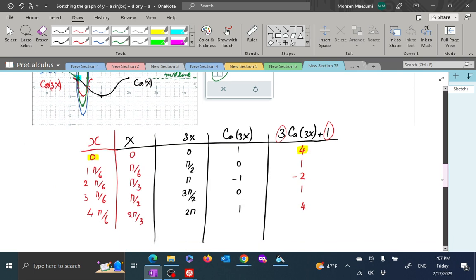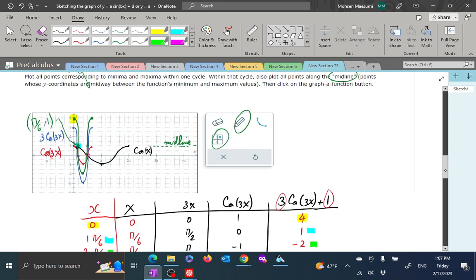So that was this point, pi/6 and 1. Next you go ahead and get 2 pi/6 with minus 2.